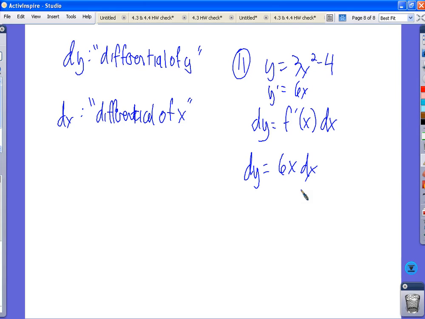There's nothing for dx, it's just called dx. That's all we have to do. Boom, done. Circle it, call it a day. So dy is always just the derivative times dx. If you use the chain rule to find the derivative, you will do that and multiply by dx. If you use the quotient rule to find the derivative, you'll do that and multiply that by dx.